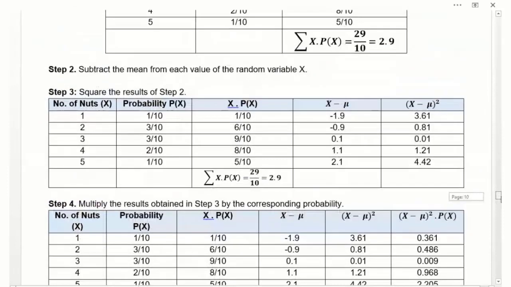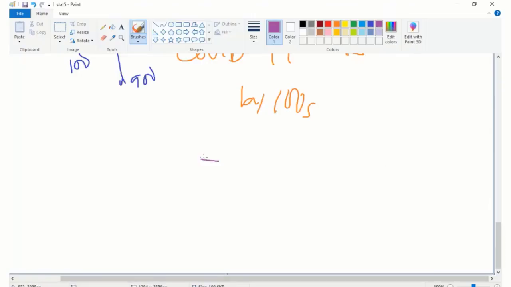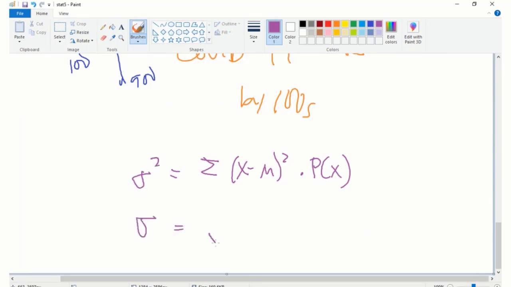Now, this is the formula of the variance, which is sigma squared is equals to the summation of x minus mu squared times px. Okay. So, yan ang kanyang totoong formula. This is your variance. So, ang ating standard deviation is just the square root of the variance.